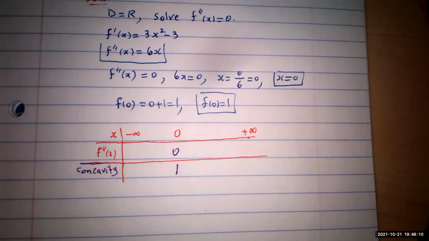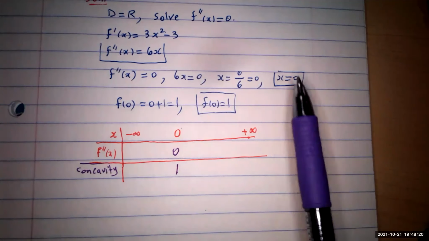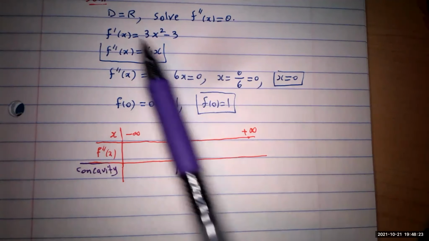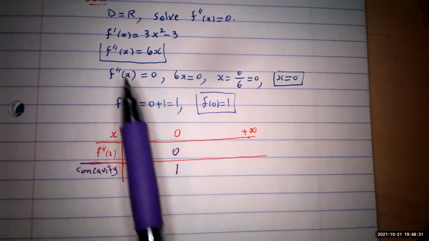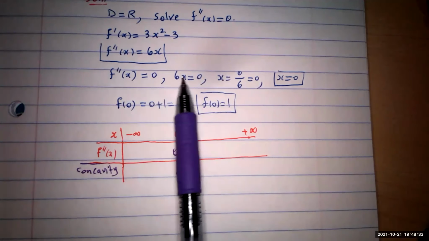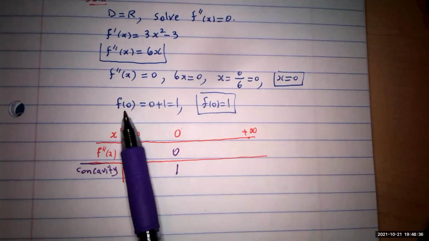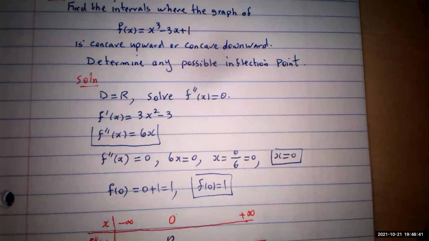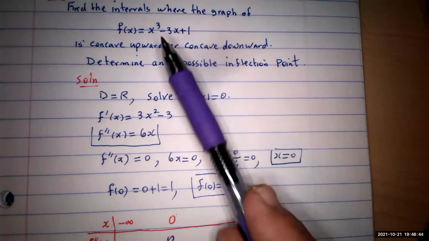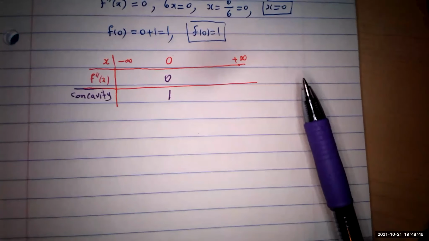For f of 0, we replace x by 0 in the function, and f of 0 would be 1.